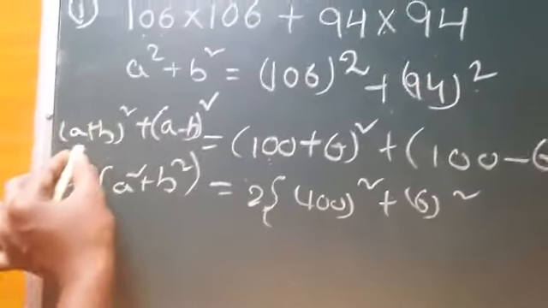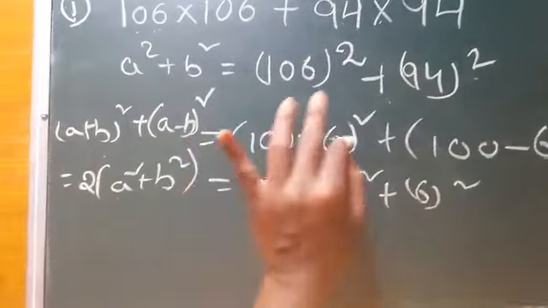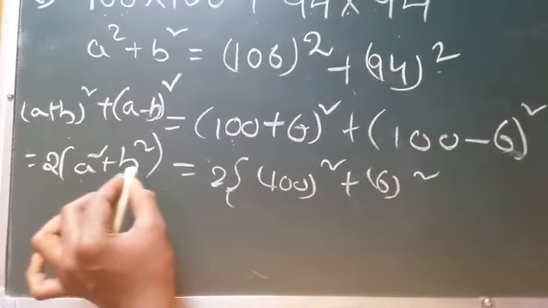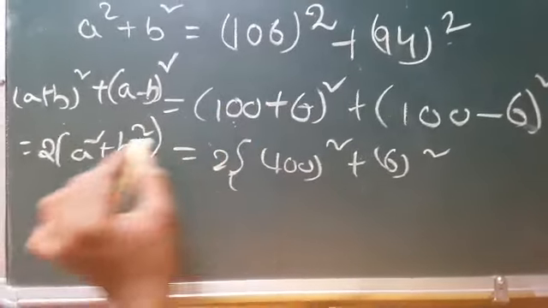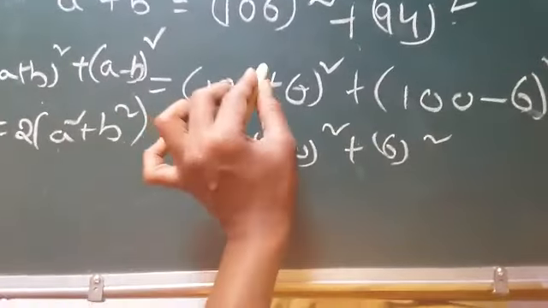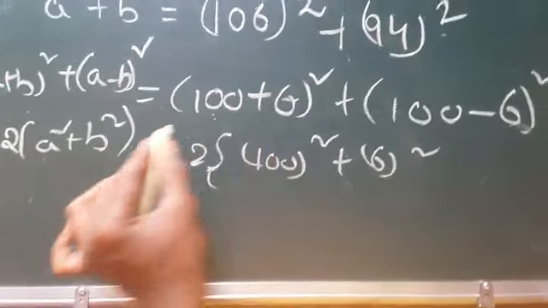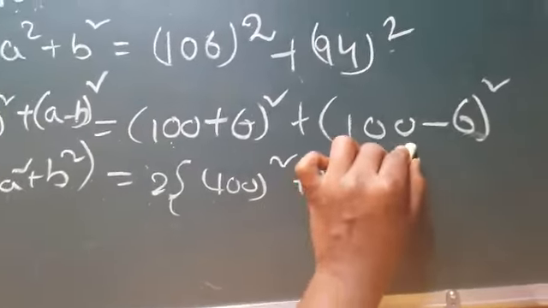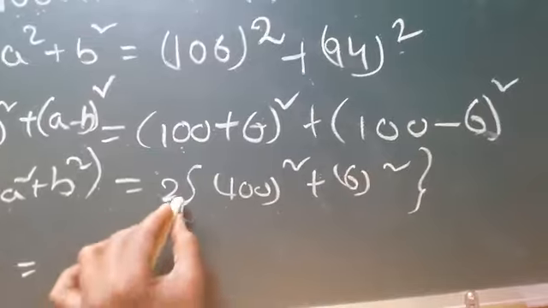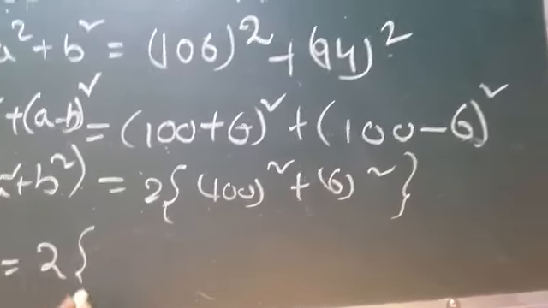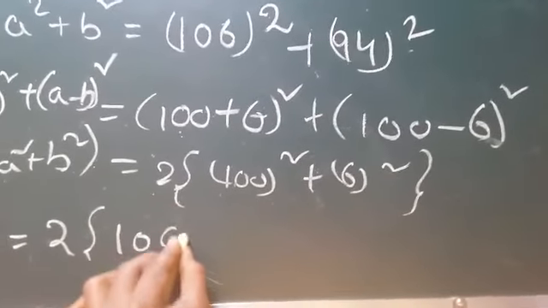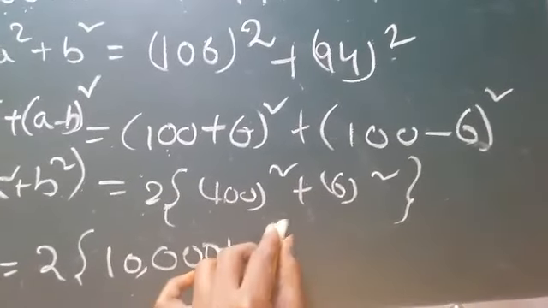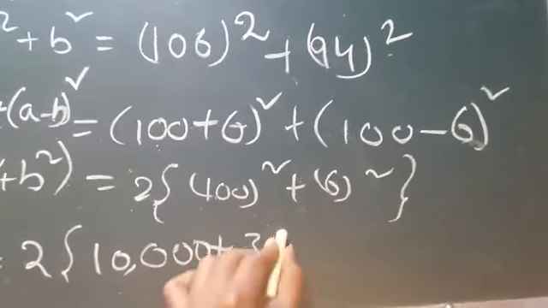You know the formula: (a plus b) whole square plus (a minus b) whole square equal to 2 into (a square plus b square). If you substitute the given problem in this formula, that means a equal to 100 and b equal to 6, that is equal to 2 into (100 square plus 6 whole square). 100 square is 10,000, plus 6 square is 36.